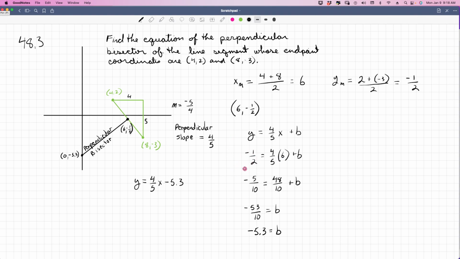So our y is negative 1/2 and our x is 6. We plug that in, when we get our common denominator, we get negative 5 over 10 is equal to 48 over 10 plus b. When we subtract 48 over 10 from both sides, we get negative 53 over 10, which reduces to negative 5.3, which helps us to find the y-intercept for our perpendicular bisector.